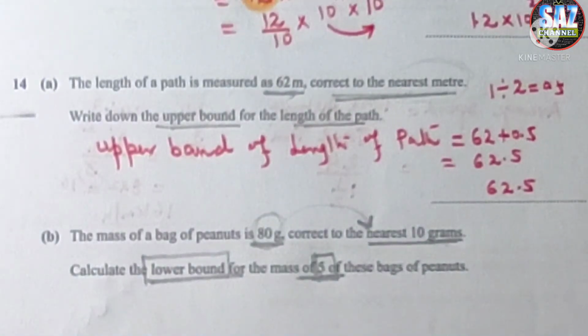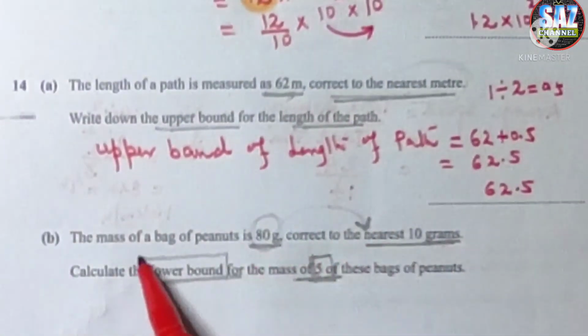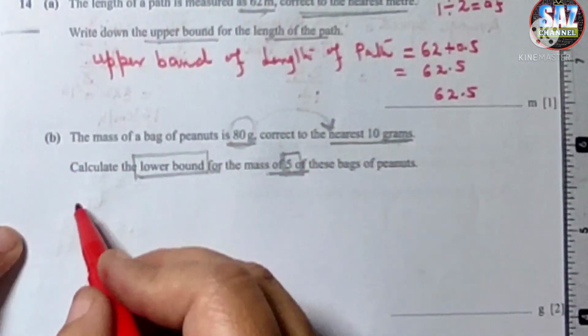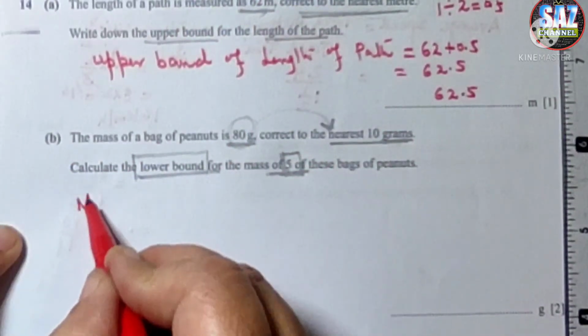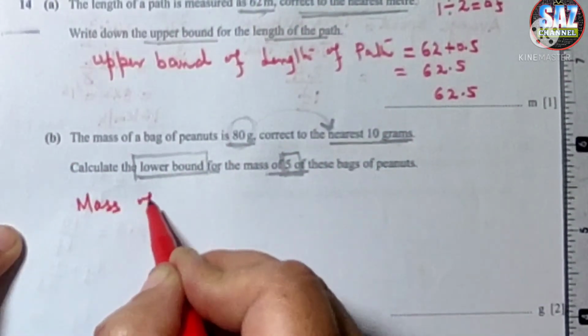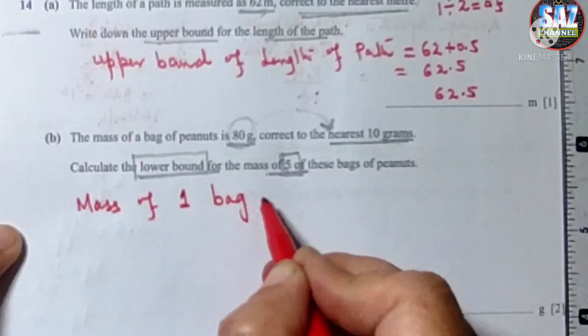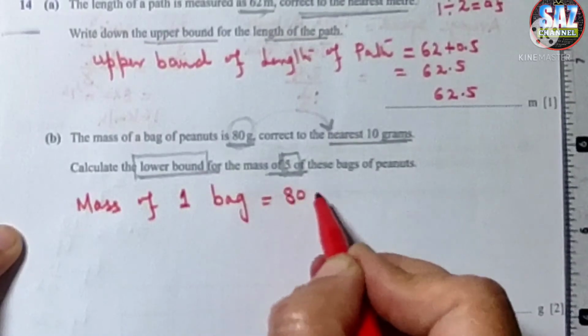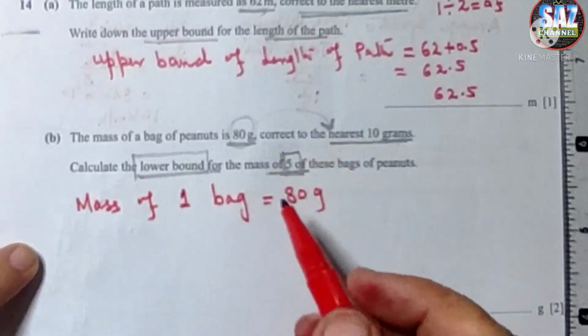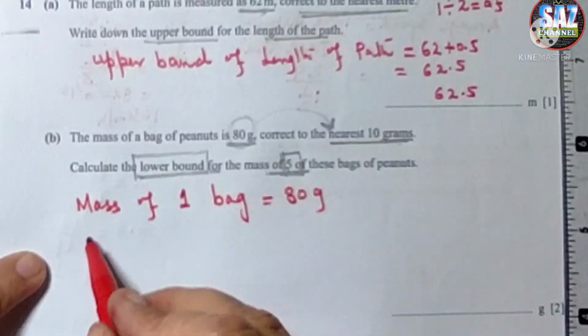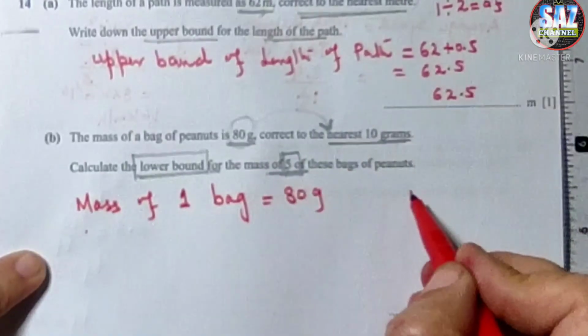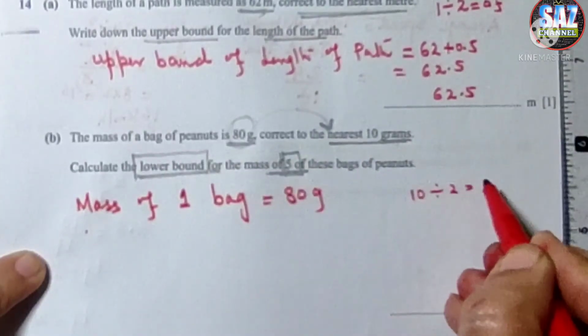So the mass of one bag of peanuts equals 80 grams, and we have to find the lower bound. So for the lower bound of one bag, we do 10 divided by 2, which is equal to 5.